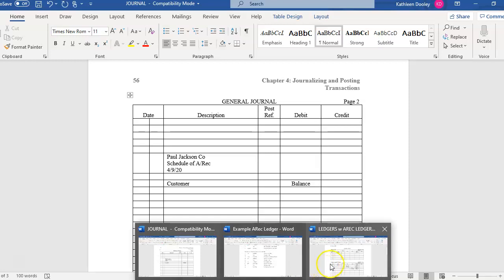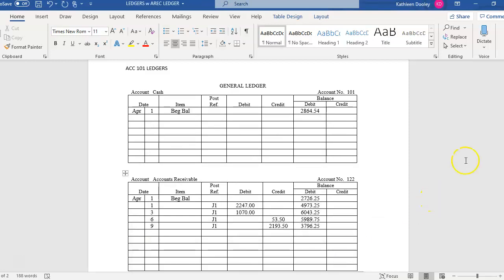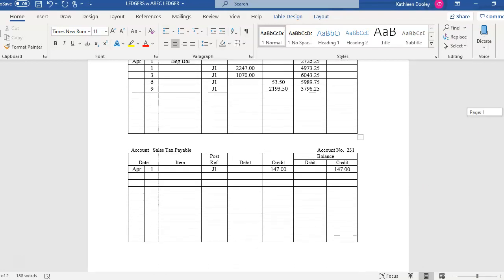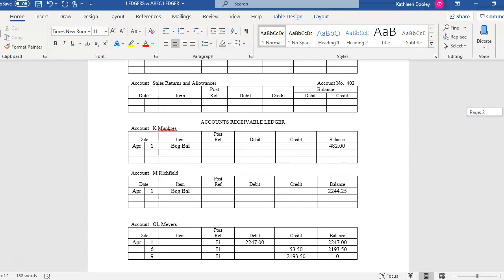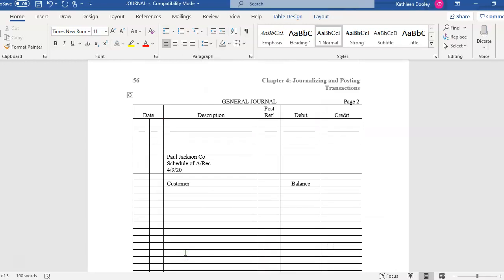So I go to my subsidiary ledger, accounts receivable ledger. Okay, I've got K Munkris, and they still owe us $482. Okay, so K Munkris, $482.